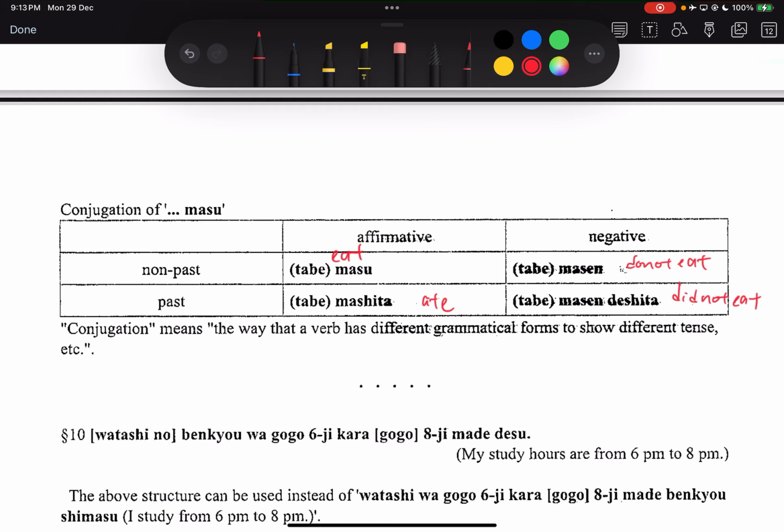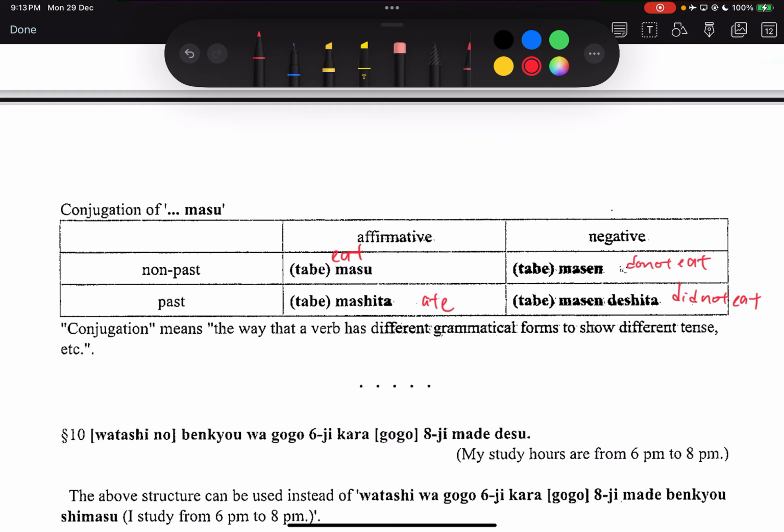Okay, before we continue, I just want to talk about the i adjective and the na adjective. So I told you that the na adjective follows nouns, right? The na adjective follows a noun. And then for noun, we say gakusei deshita. For our na adjective, for example, kirei. Kirei is a na adjective, right? So if it's past tense, it will be kirei deshita.